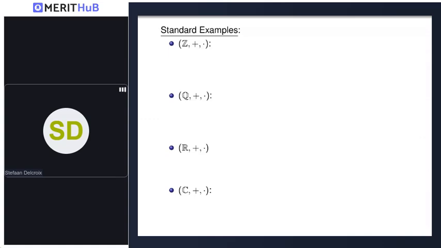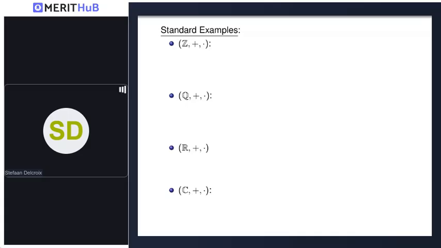Let's do the standard examples. Let's look at our integers under addition and multiplication. Under addition, nothing went wrong. Everything we have is an abelian group under addition. But under multiplication, sometimes things went wrong. What happened under the multiplication of the integers? We did not have all 5 properties there.